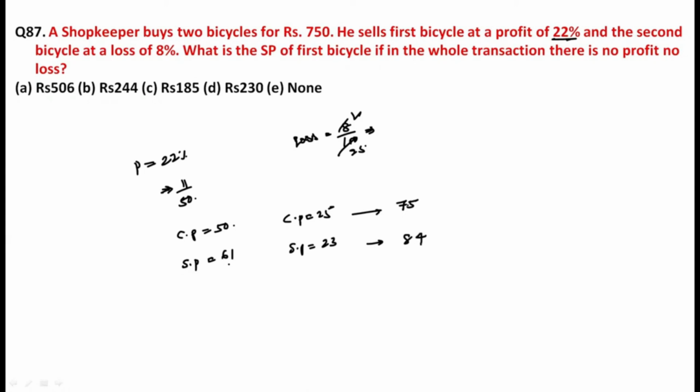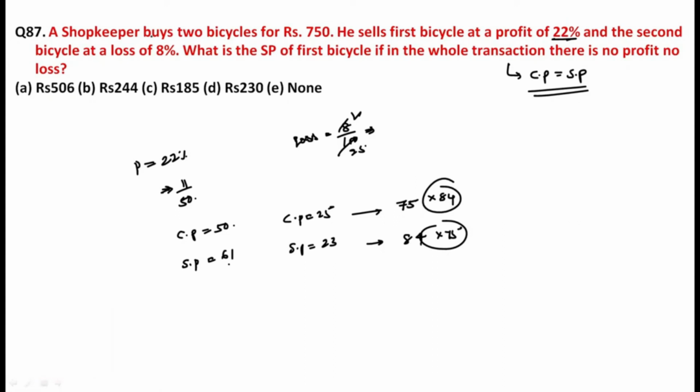Now you can get 84 here and 75 here. They clearly mentioned that the entire transaction is no profit and no loss. So no profit and no loss means definitely the cost price must be equal to the selling price. You must make those two numbers equal. That's why you should multiply this number with 84 and this number with 75. Now you can get these answers. Check it out.